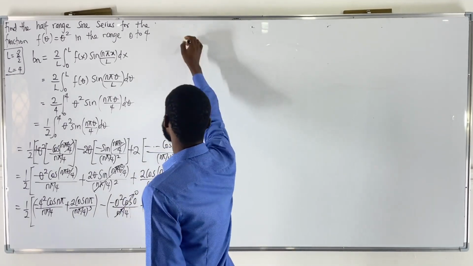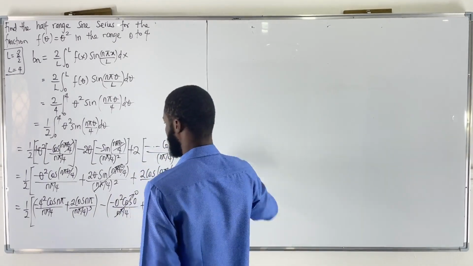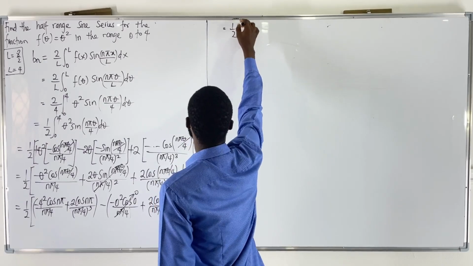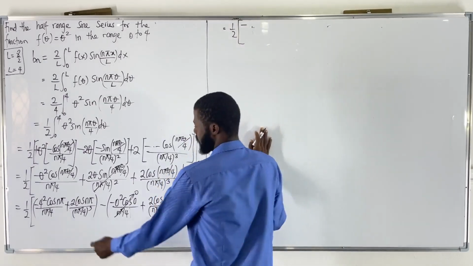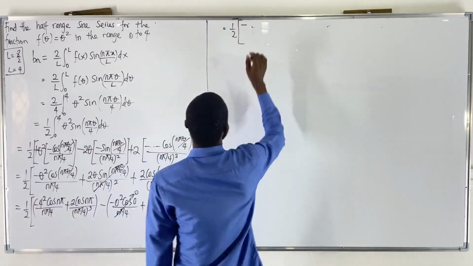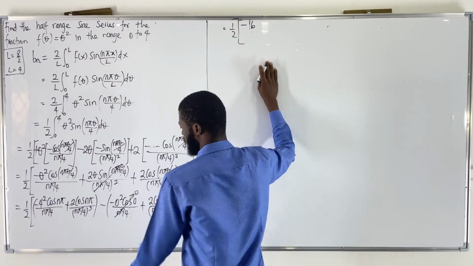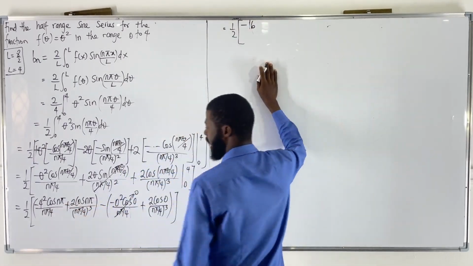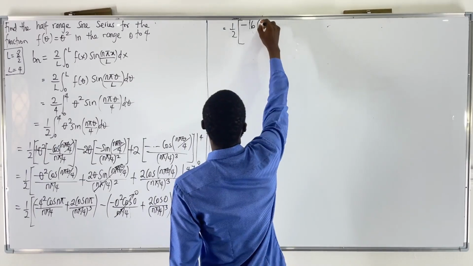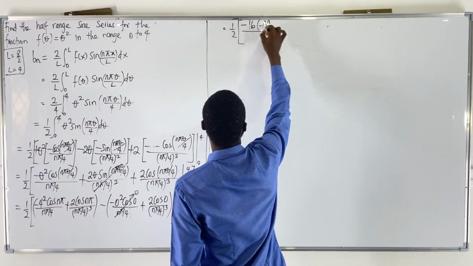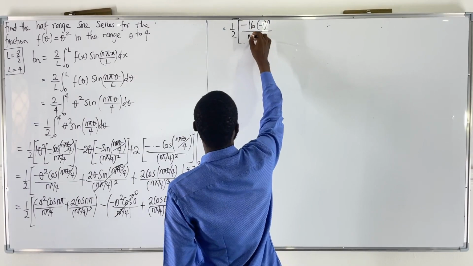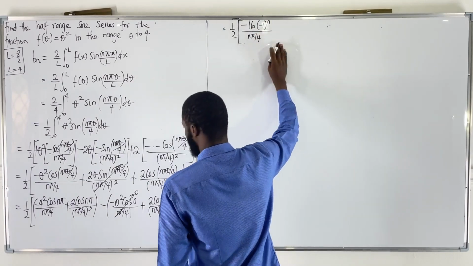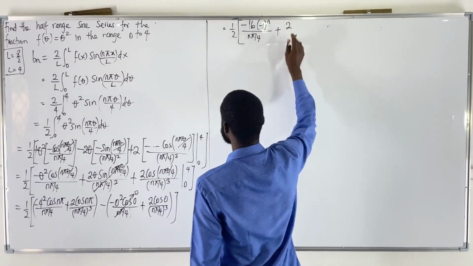Then we're going to be having 1 over 2, and then minus 4 squared is 16. So this is 16. Cos n pi has a special value, which is (minus 1) to the power of n, divided by n pi over 4. And then plus 2.